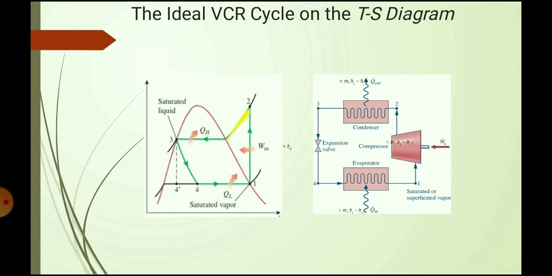During process 2-3 there is the conversion of vapor refrigerant to saturated liquid refrigerant by the rejection of heat from the refrigerant to the environment. The process 3-4 is the isenthalpic process, and the process 4-1 happens in the evaporator.